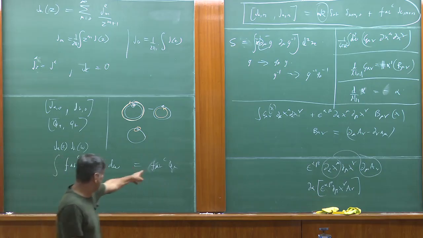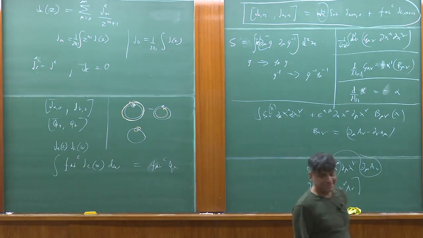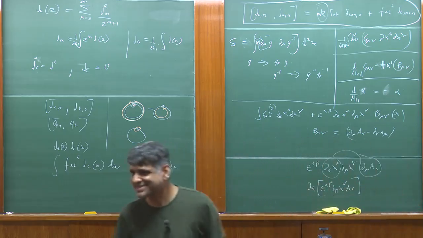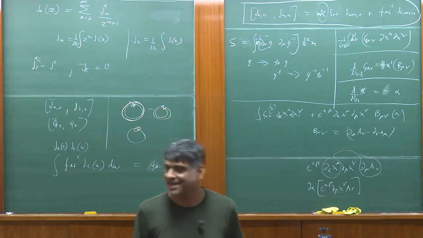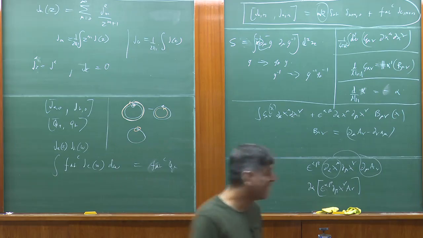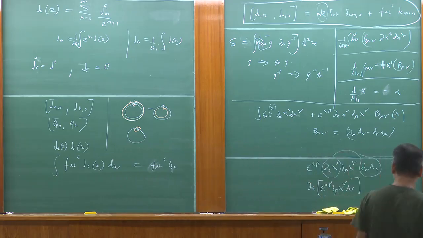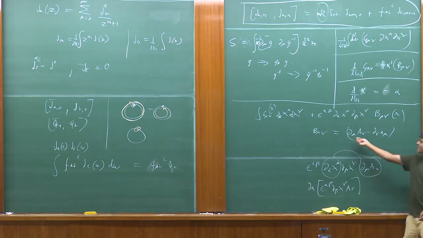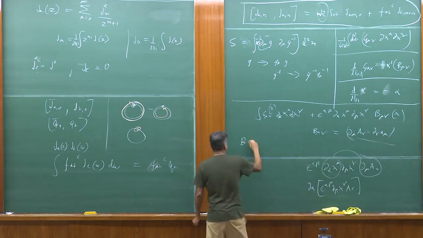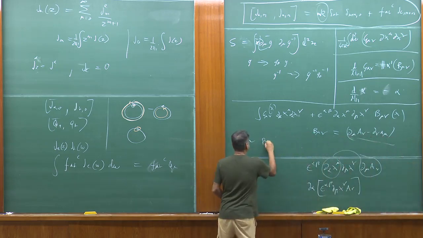But that then is a total derivative. Adding a total derivative to an action, at least for most purposes, is a triviality. So you see that this B field is only physical up to shifts by this form. So B should be regarded as the same field as B plus dA.